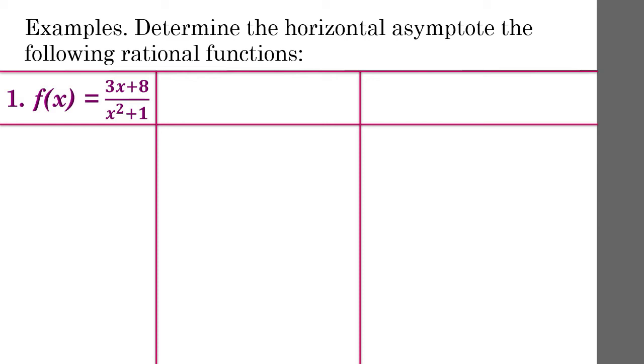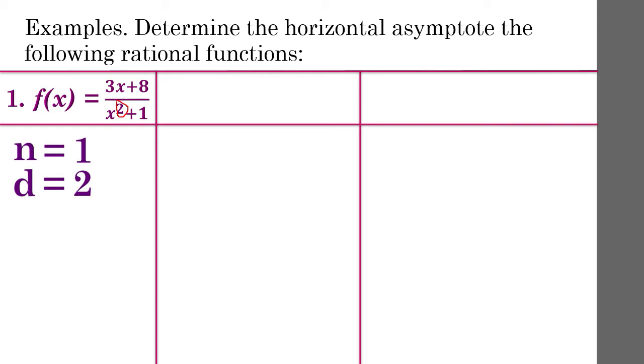So for the numerator, the degree of the numerator of the given function is equal to 1, since the highest exponent is 1. And the degree of the denominator is equal to 2, since the highest exponent is equal to 2.